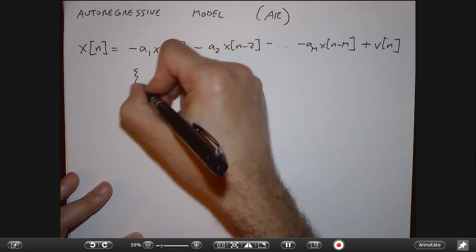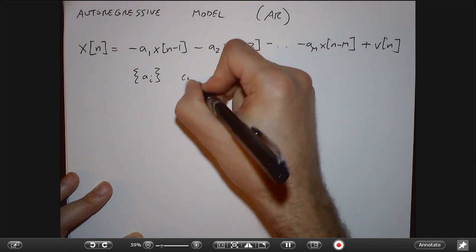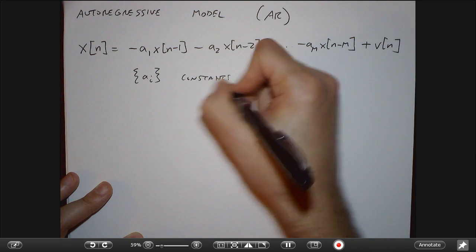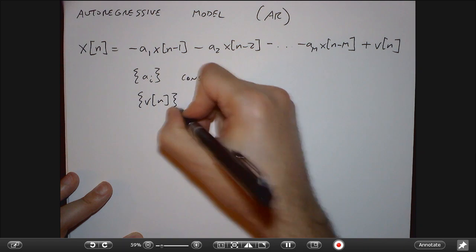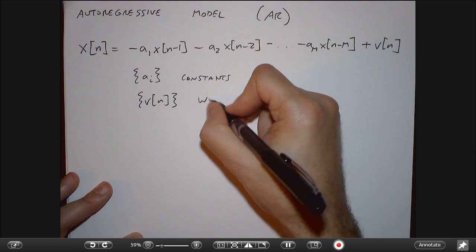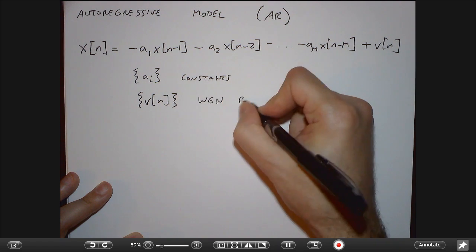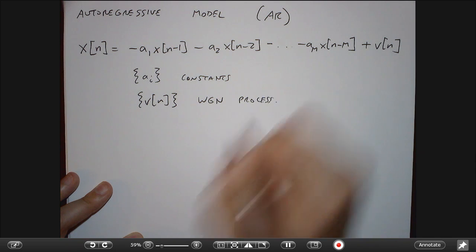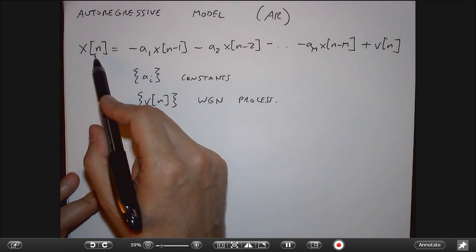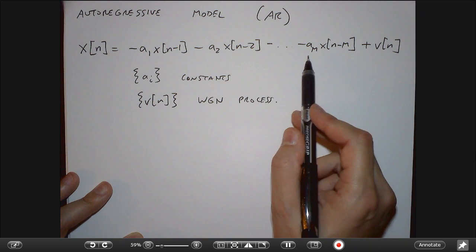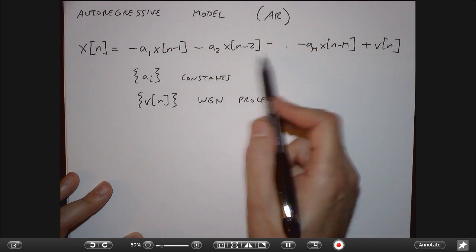So again, here, these ai are constants, and the vn is white Gaussian noise, right? Since the current value of x depends on previous values of x, it's regressing on itself by this a.